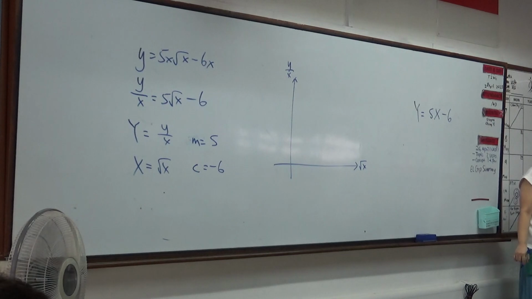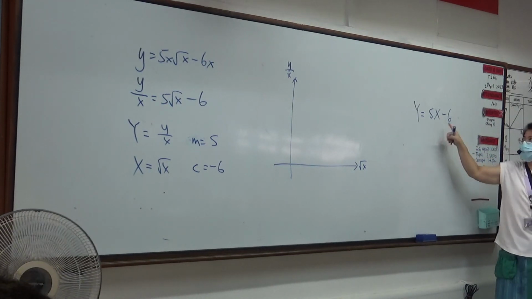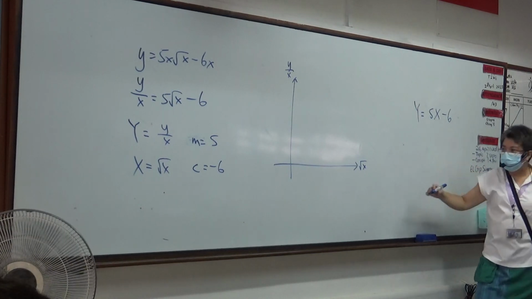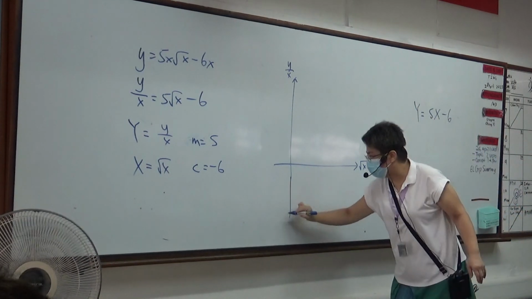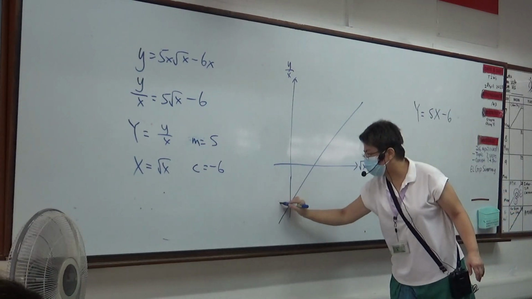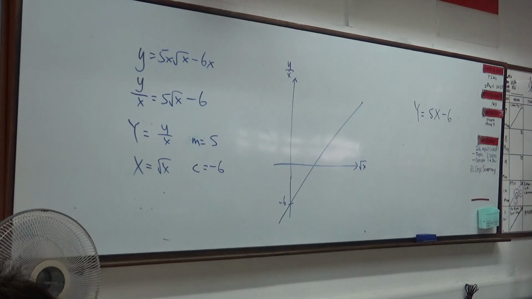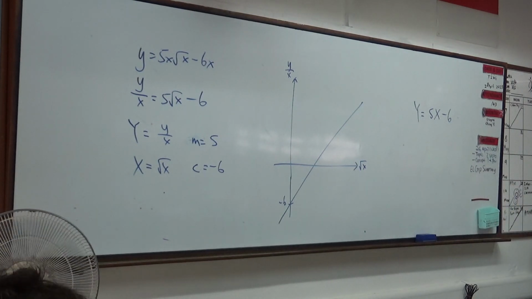You can see, gradient is what? Positive or negative? Positive. It cuts at negative 6. That means I will have a line like this, right? It cuts at negative 6, and this is the straight line, because it's a positive gradient.